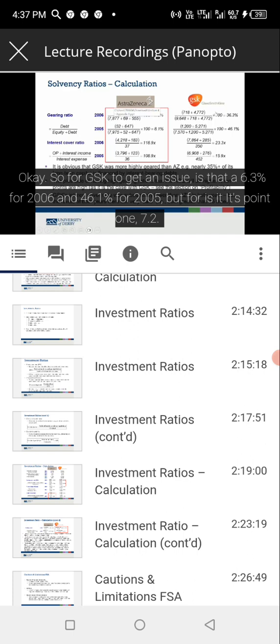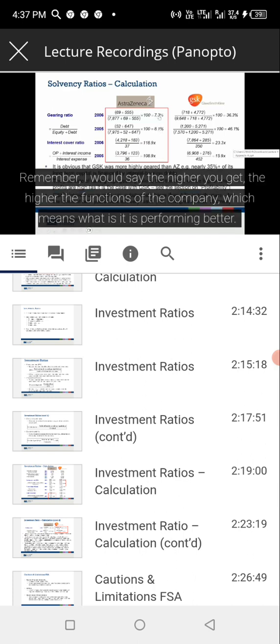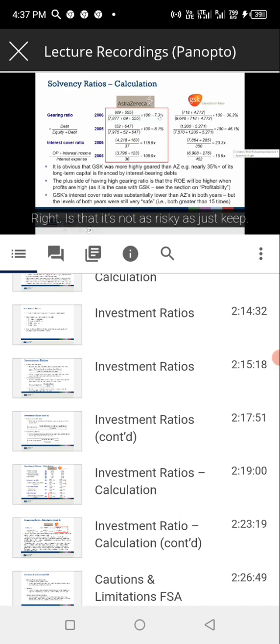So for GSK, the gearing ratio is 36.3% for 2006 and 46.1% for 2005. But for AZ, 8.1, 7.3. Remember we said the higher the gearing ratio, the higher the financial risk of the company. Which means AZ is performing better. All right? AZ is not as risky as GSK.